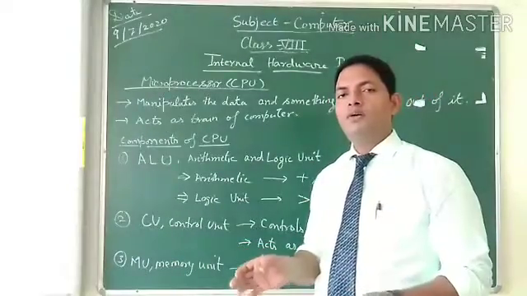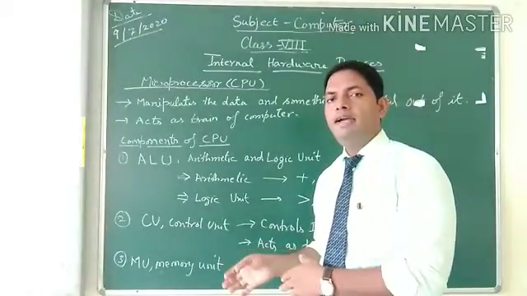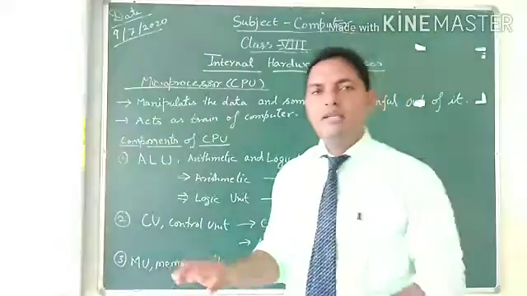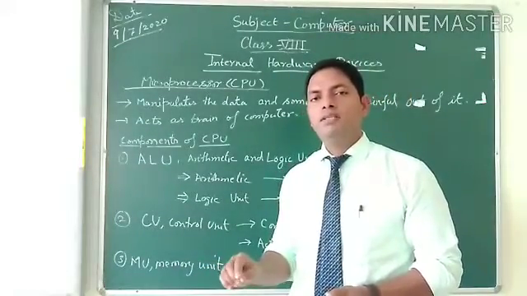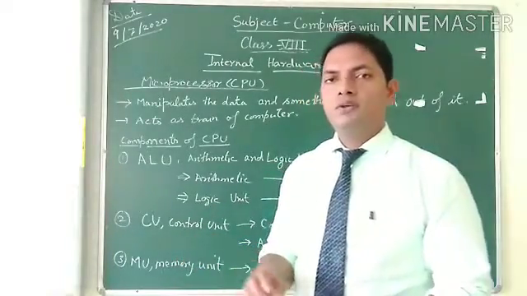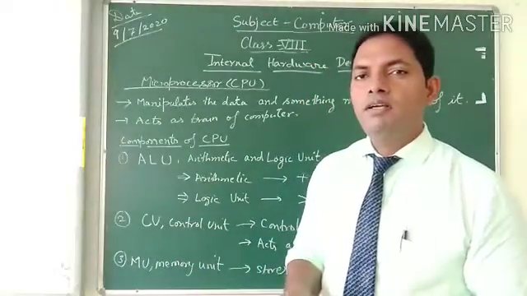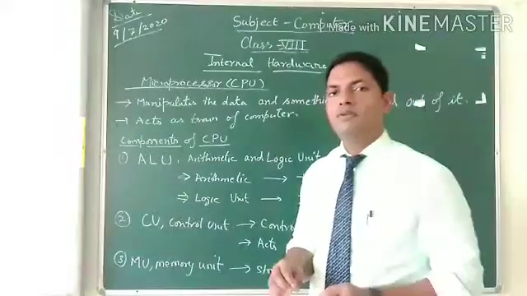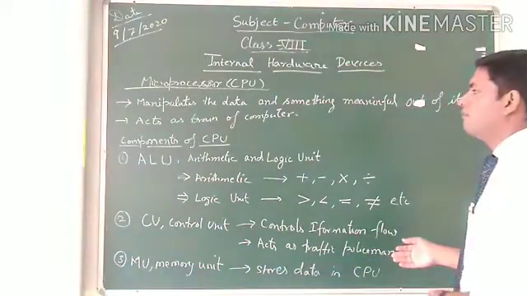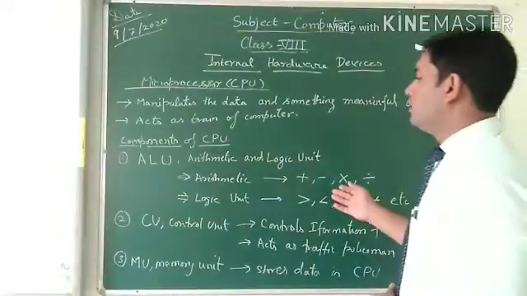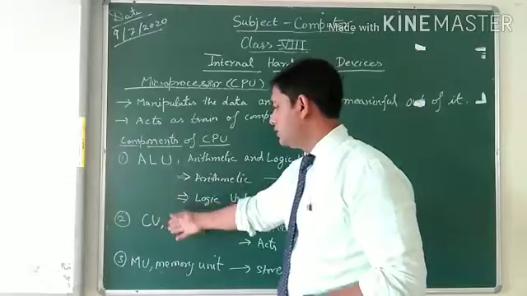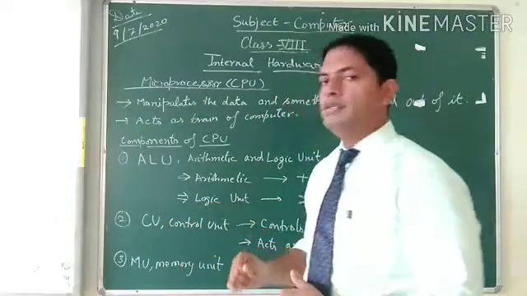These numbers and the multiplication symbol should be stored in the computer so that it can perform the activity which we want to do. So these are the components present in the CPU: ALU, CU, memory unit.